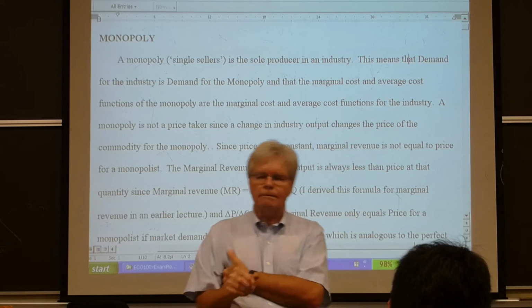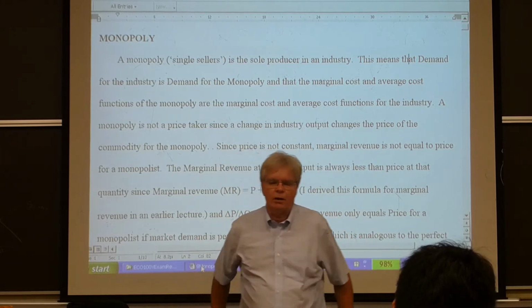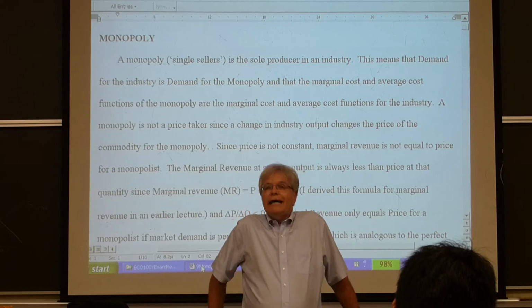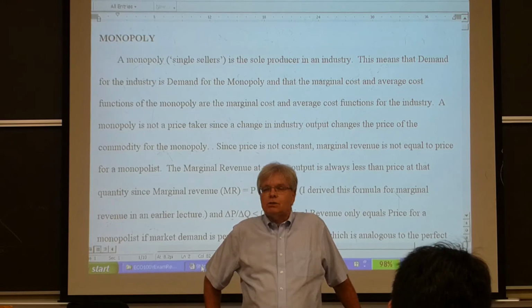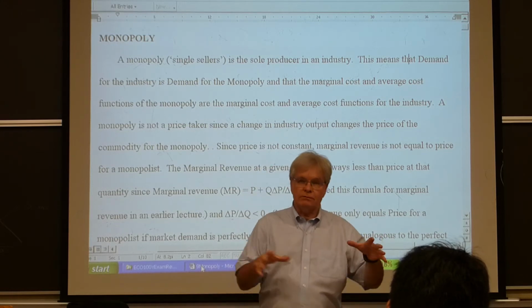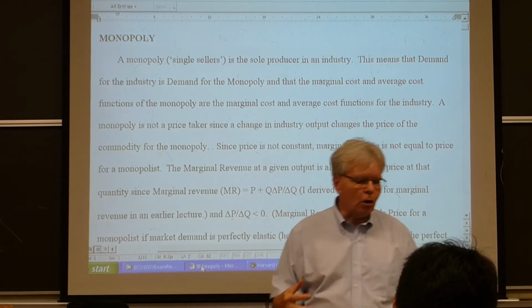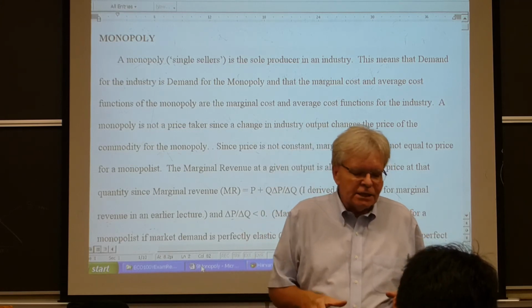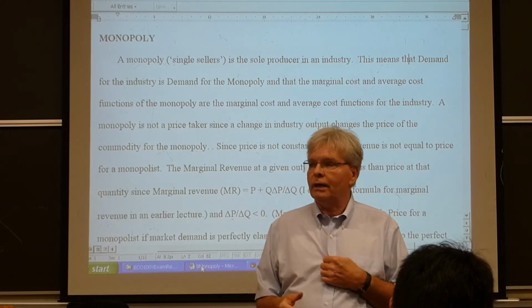Then Marshall discovered another type of monopoly, a most interesting type, which is called the natural monopoly. The reason the natural monopoly is a monopoly is because the optimal size of the firm is so big. Remember we talked about the optimal size of the firm when we talked about the long run. The optimal size of the firm is big enough to supply the whole industry at a falling price.